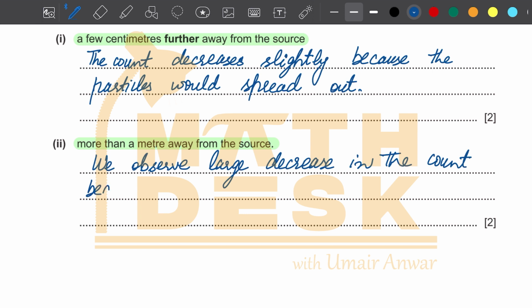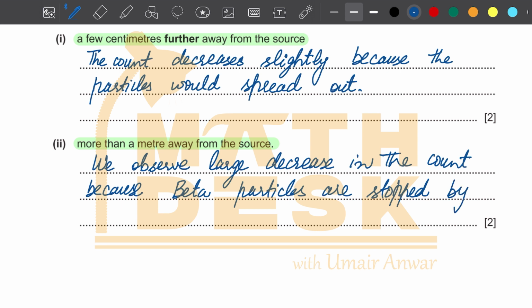because beta particles are stopped by air for a distance of more than 1 meter.